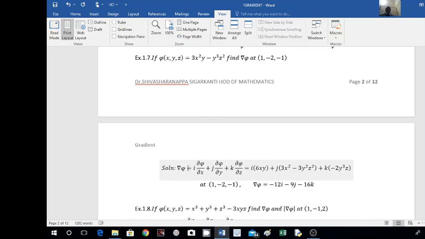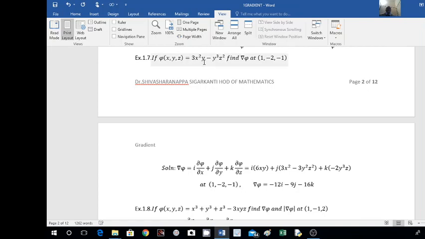The definition is ∇φ equal to i ∂φ/∂x plus j ∂φ/∂y plus k ∂φ/∂z. This is equal to i into, what is ∂φ/∂x here? Derivative of this is 6xy, and derivative of the other term with respect to x is 0.